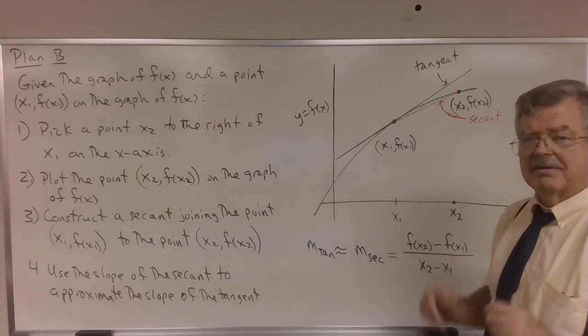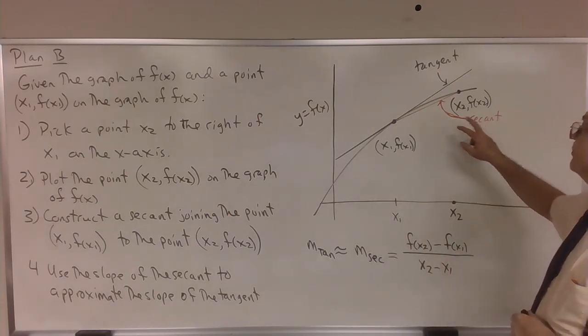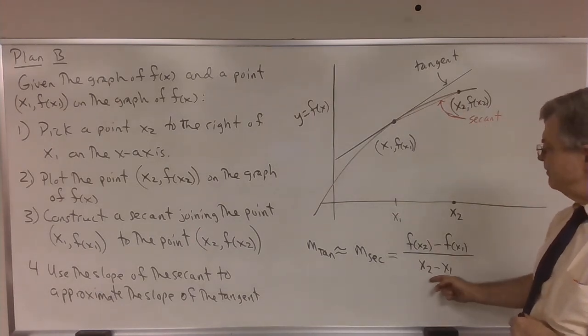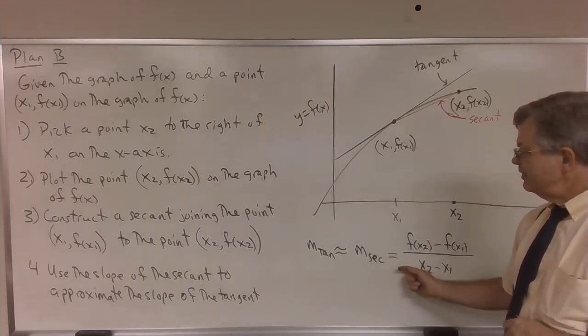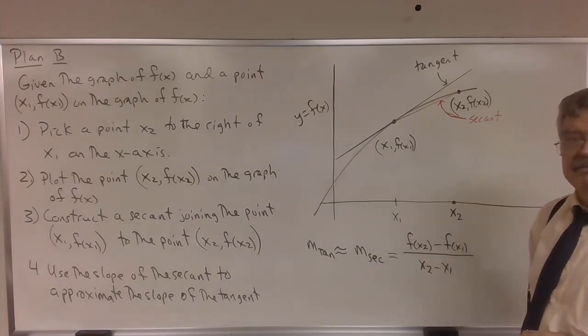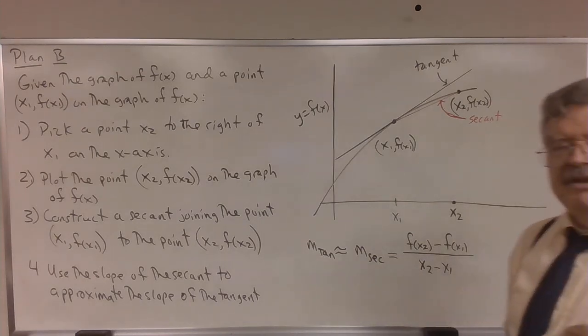This is important. And the way we're going to do it is we're going to create a secant and compute the slope of the secant and use that as an approximation to the slope of the tangent. And we will continue this tomorrow.